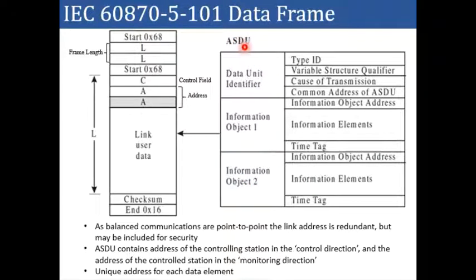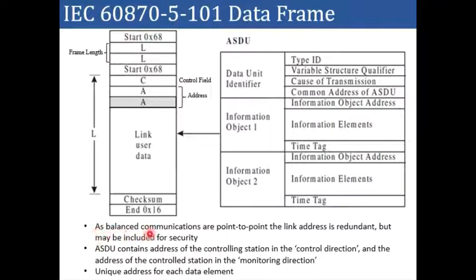So now this ASDU will be part of the data payload in the link layer frame. Here the ASDU will reside, and the header of link layer will contain the frame length, then the start bits, and then control field and the address of the link layer frame, and then checksum error verification bits.